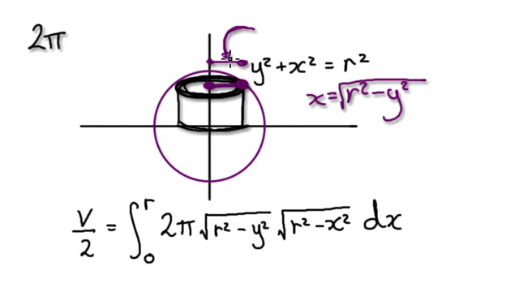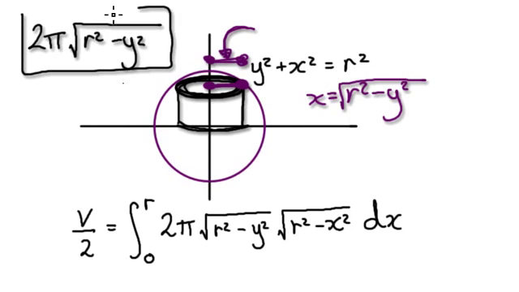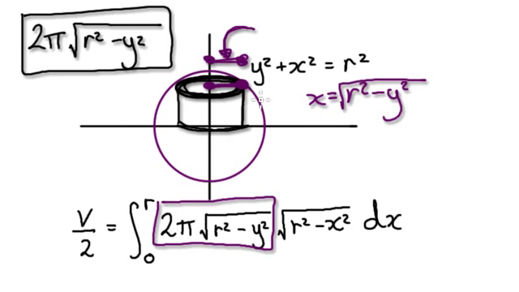So it would be 2 pi and then times this thing here, the square root of r squared minus y squared. This gives you the circumference of this cylinder here, from here all the way around here.